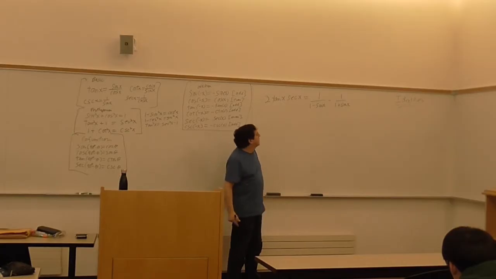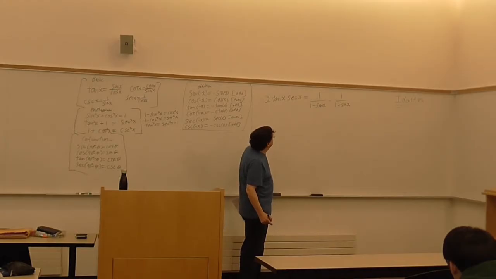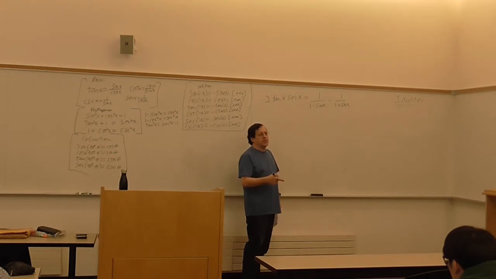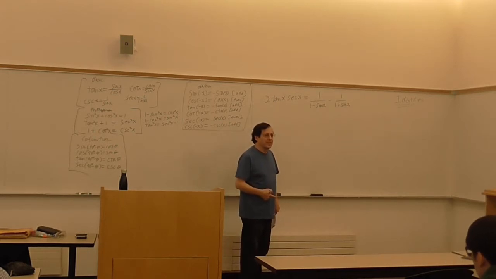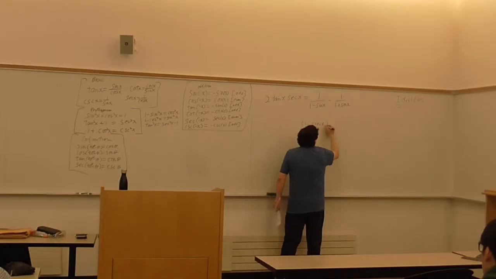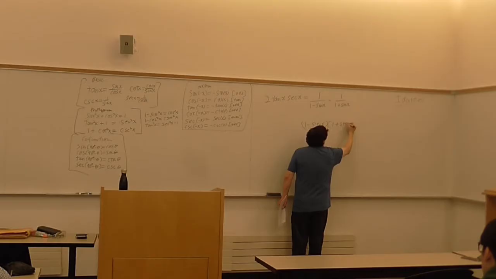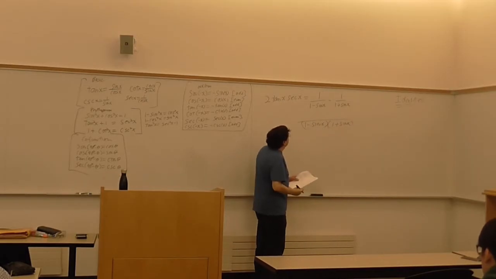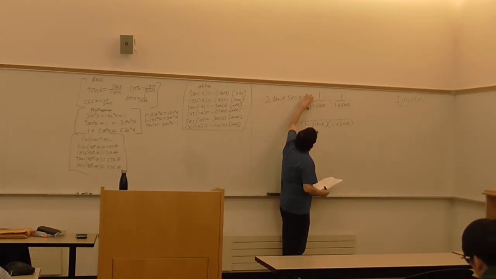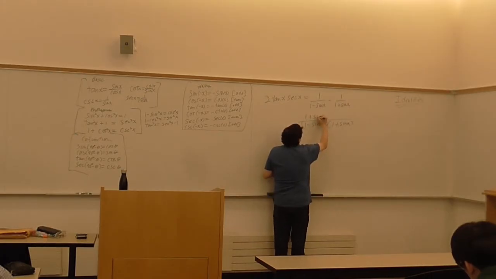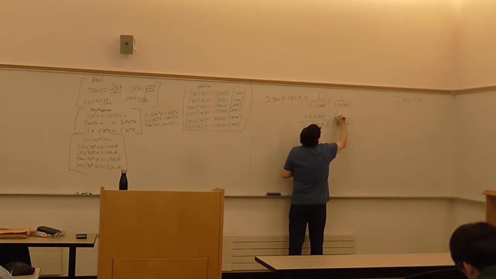Yes, 1 minus sine squared x, but you skipped a step that some people might not see. 1 minus sine x over 1 plus sine x, right? So on this side I have to multiply by 1 plus sine x, and on this side I have to multiply by 1 minus sine x.